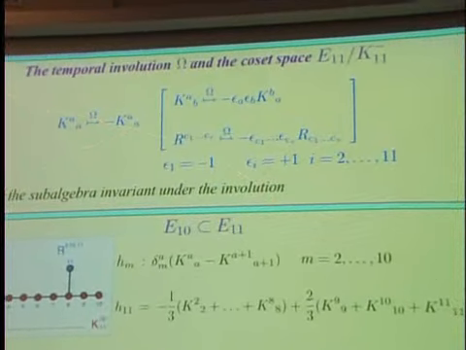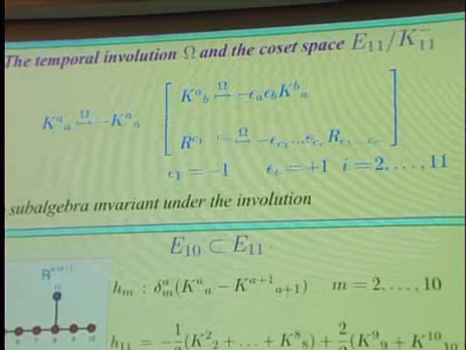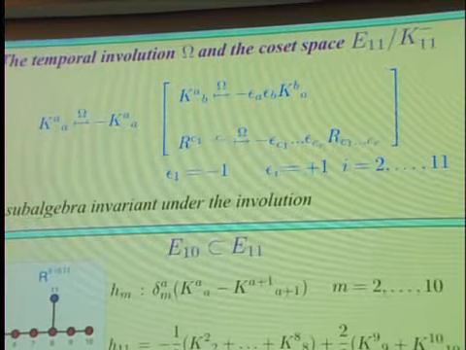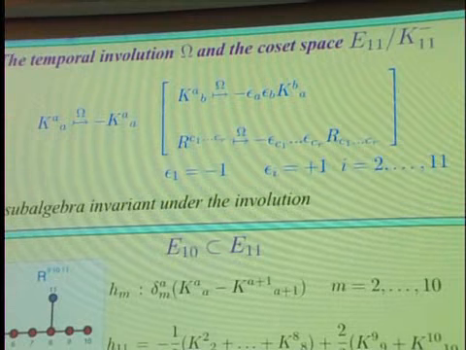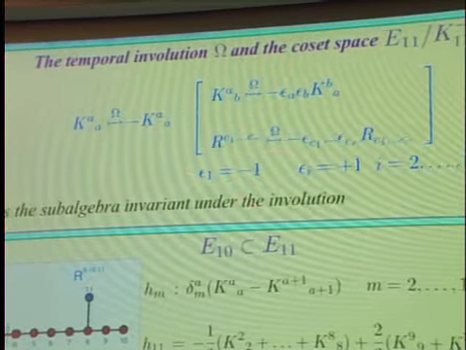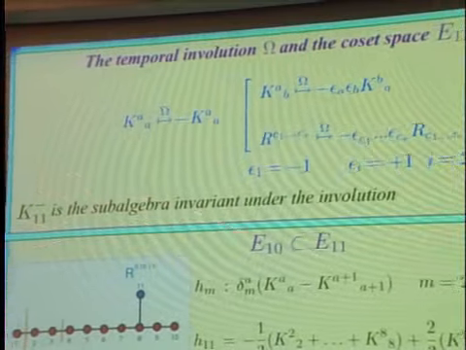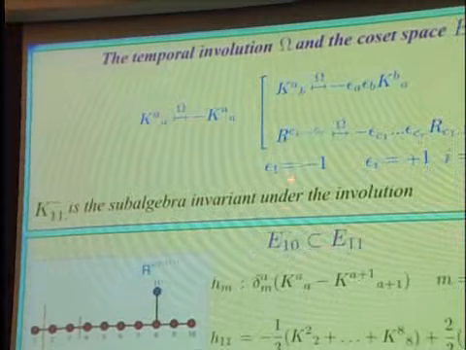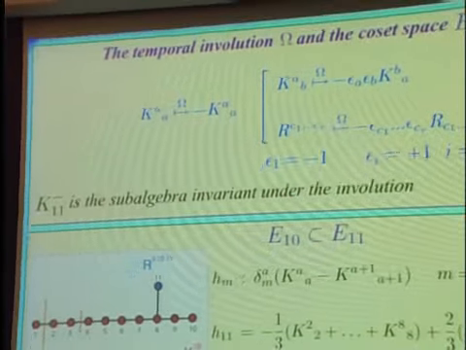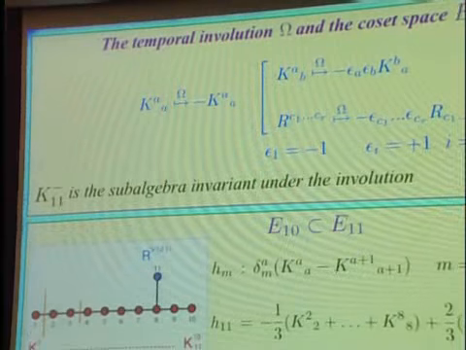Now, we can define the subalgebra, in analogy, or slight generalization, of course, of what has been done in 3 dimensions, calling it K11 minus, the minus is for this temporal involution taking this minus sign in. Take K minus as a subalgebra, invert the involution, and then we are left with a coset E11 over K11 minus.